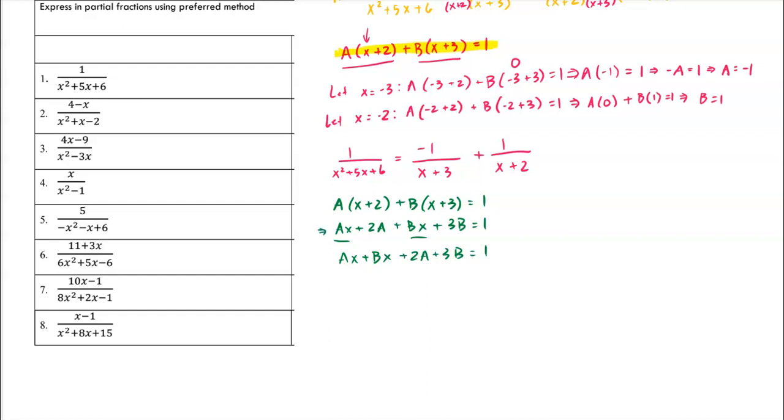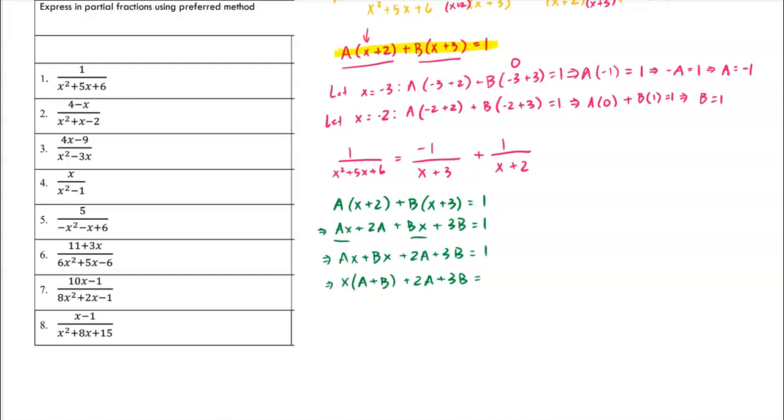This implies, and then let's go ahead and factor out an x: (A plus B)x plus (2A plus 3B). Now, remember the example that I did in class, it had a clear coefficient for x and it had a constant.